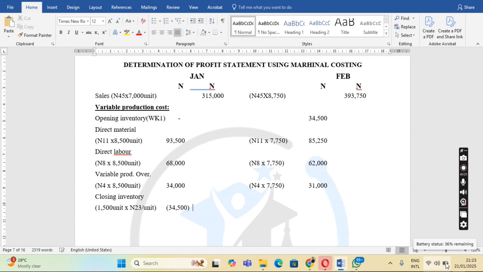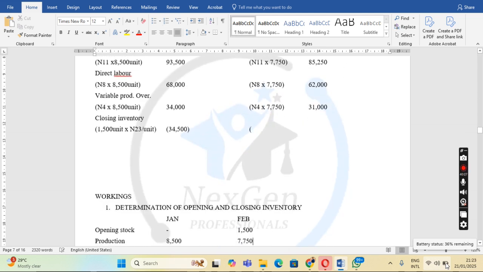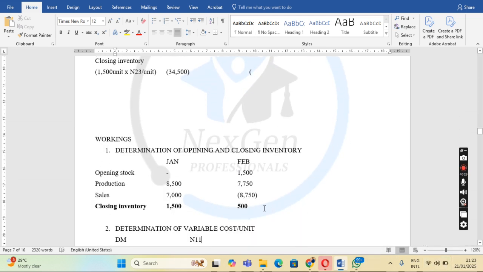So now, what will be the cost of closing inventory? Don't forget that we already have the closing inventory for February, which is 500 units. Adekola, it is not 500, it is 500 units, right? When you are dealing with units, call the units.